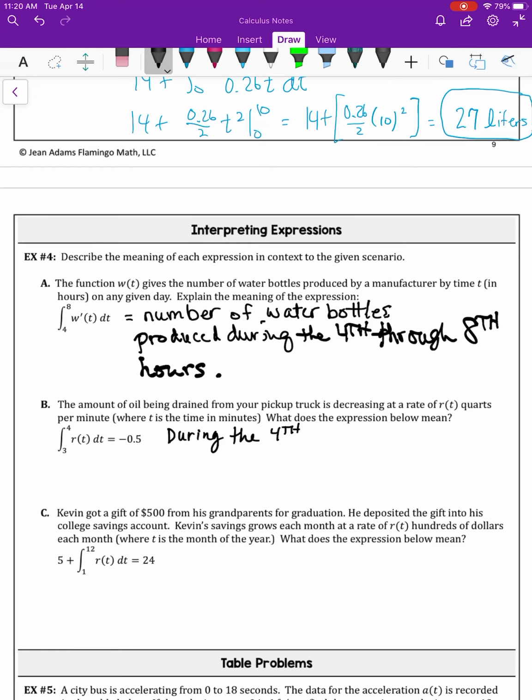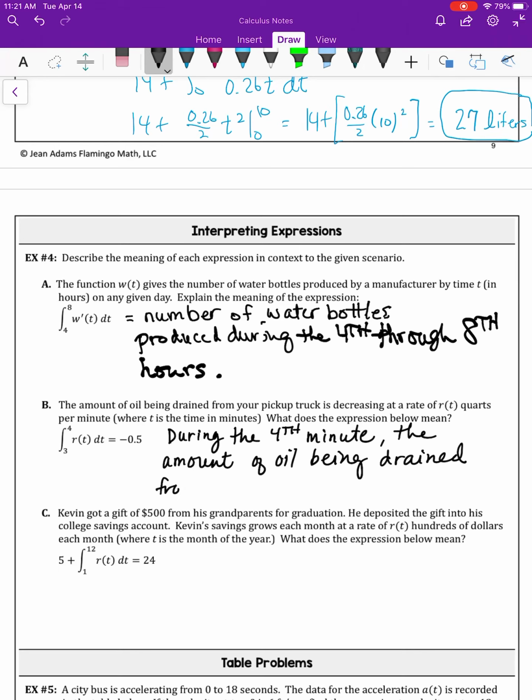Okay, so during the 4th minute, because remember, if it's 3 to 4, that's actually during the 4th minute, the amount of oil being drained from the truck decreased by a half quart.